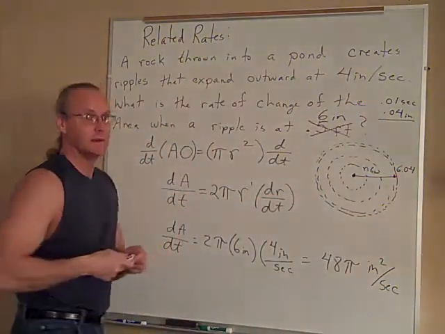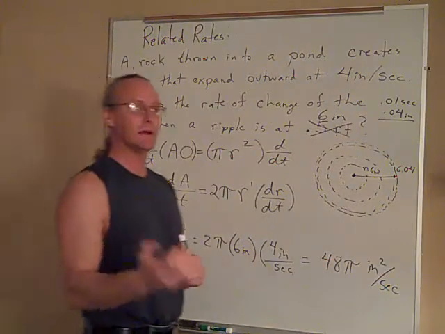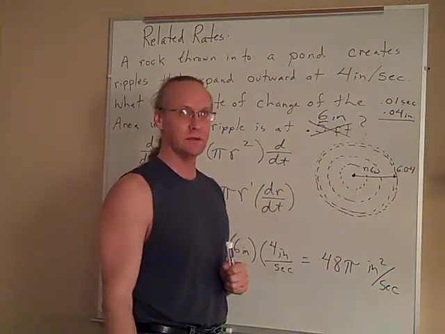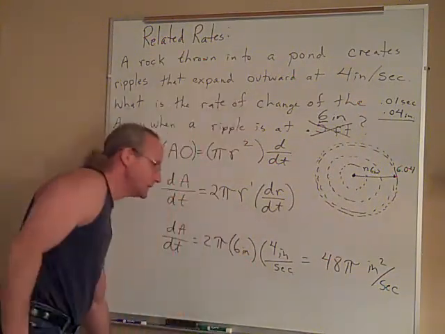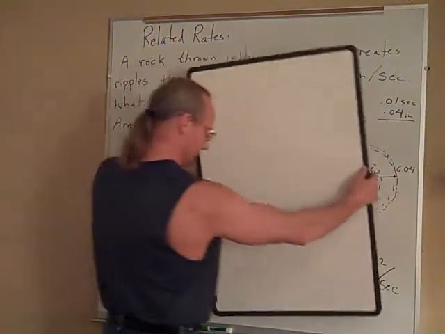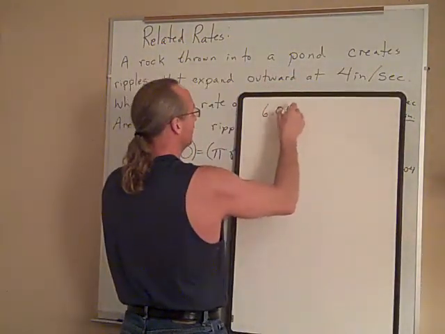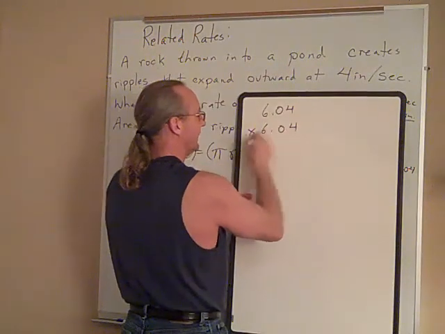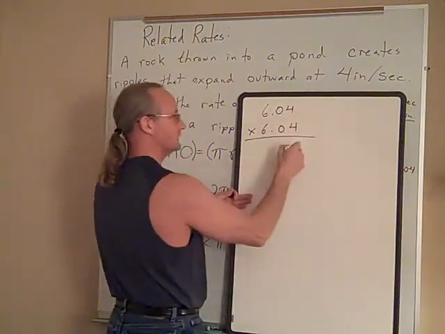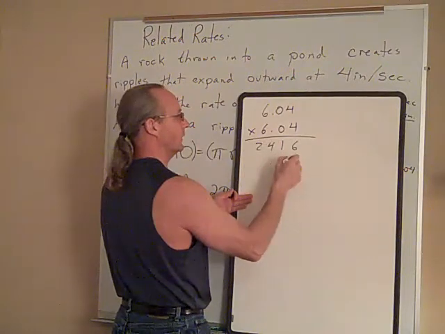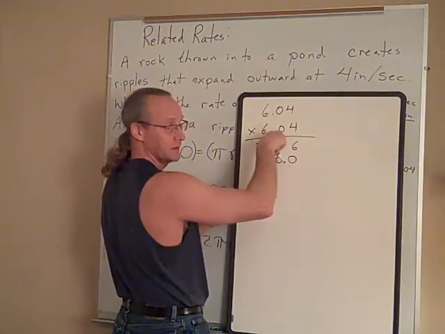Now when you do this, don't just grab your calculator every single time you have to do a basic calculation. It's a good idea to go ahead and work in the margin of your paper. Take your 6.04 times 6.04, do basic arithmetic. Don't forget the 0 here.